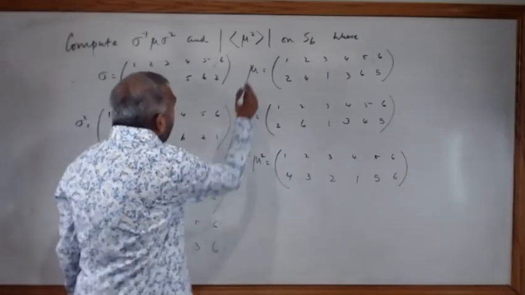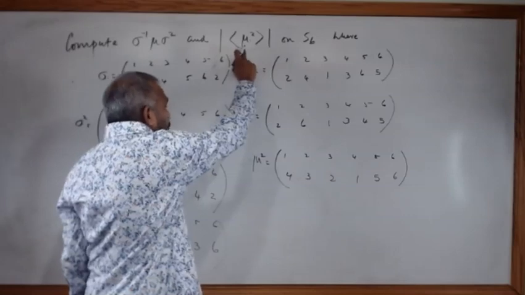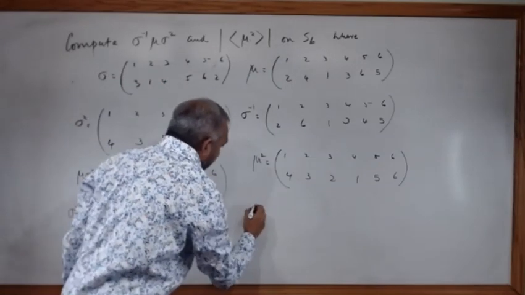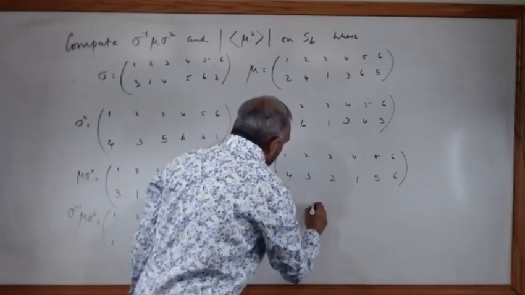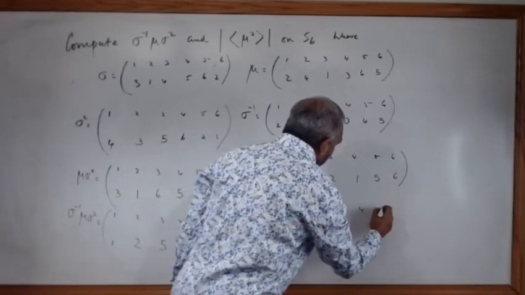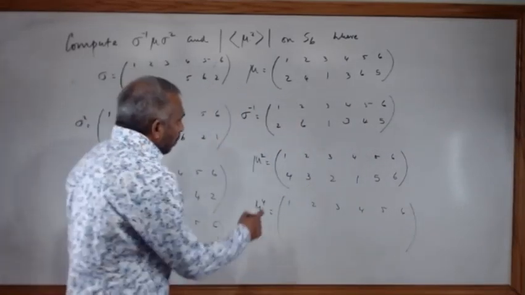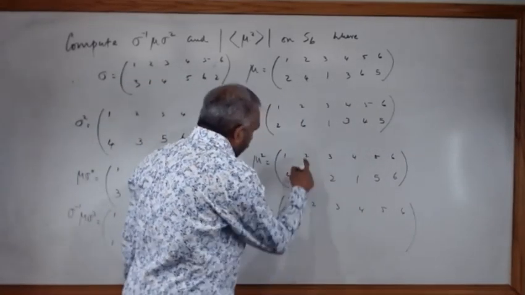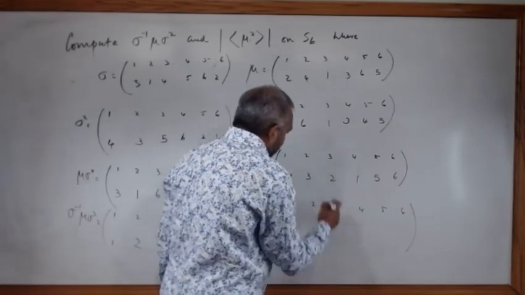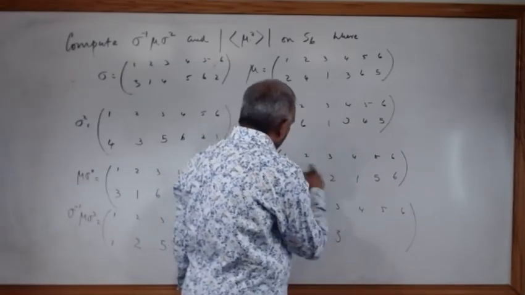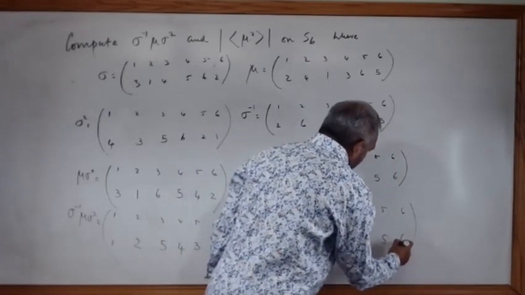So now if you want to find out the subgroup generated by mu square, you need to compute mu to the power of 4. 1, 2, 3, 4, 5, 6. 1 goes to 1, 2 goes to 2, 3 goes to 3, 4 goes to 4, 5 goes to 5, and 6 goes to 6.